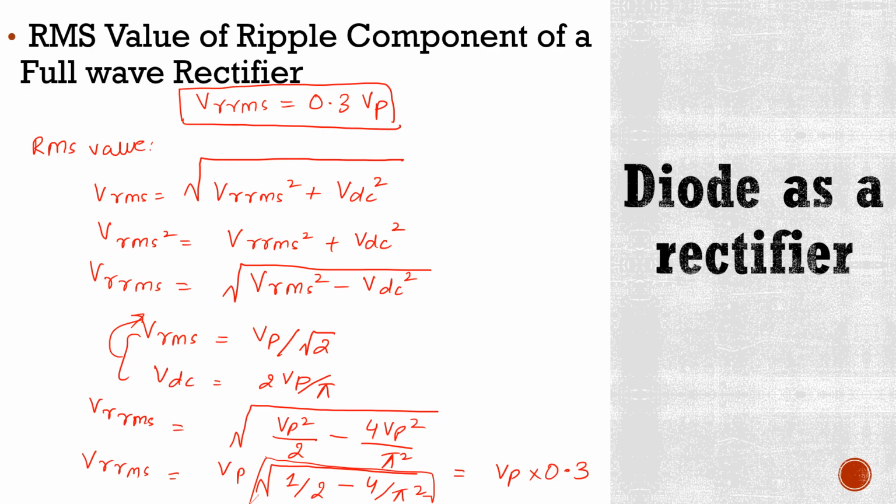So this is the RMS value of this ripple component for a full wave rectifier.